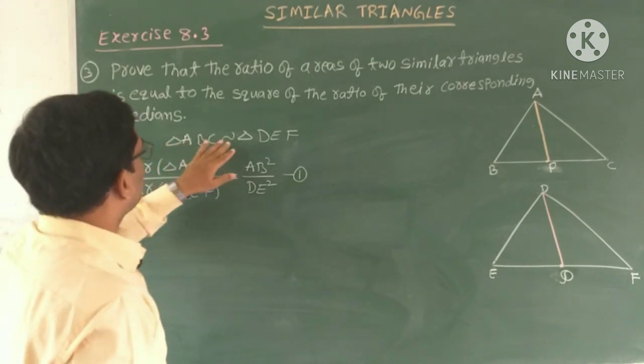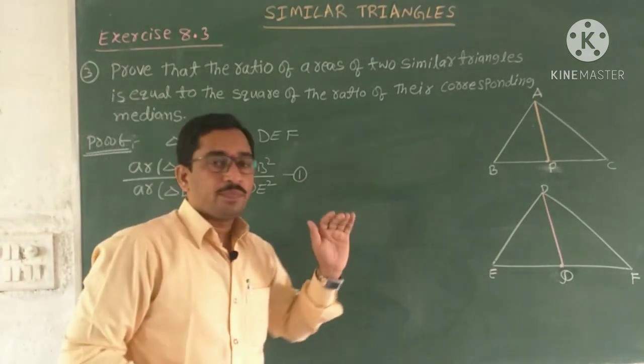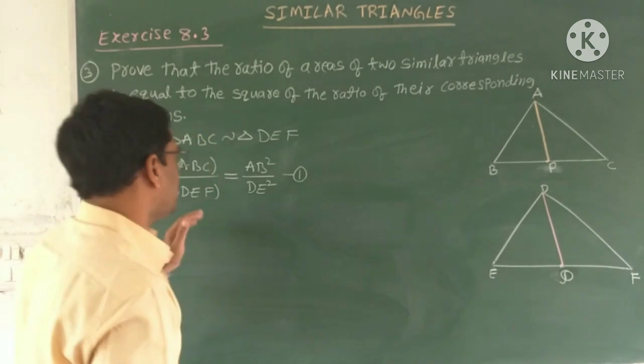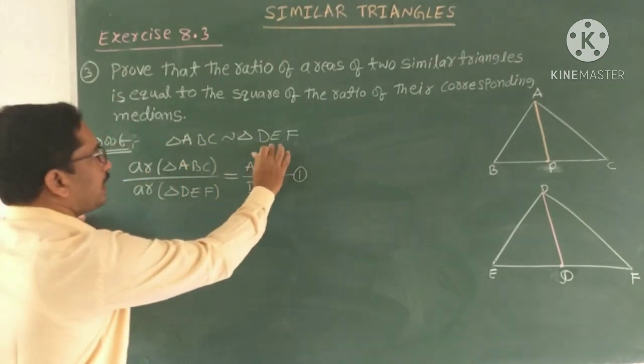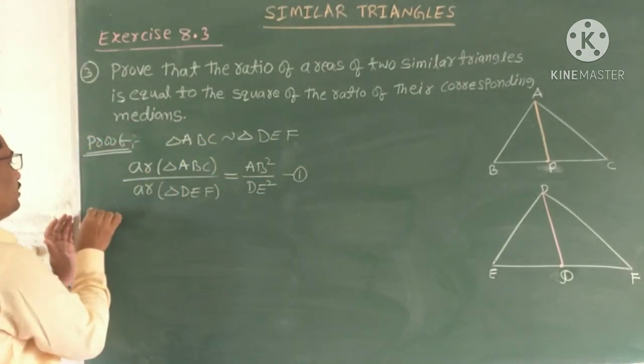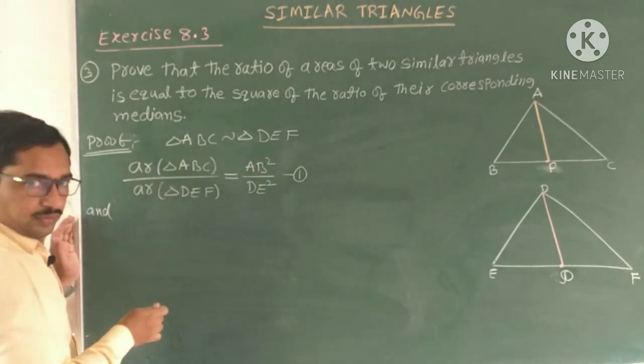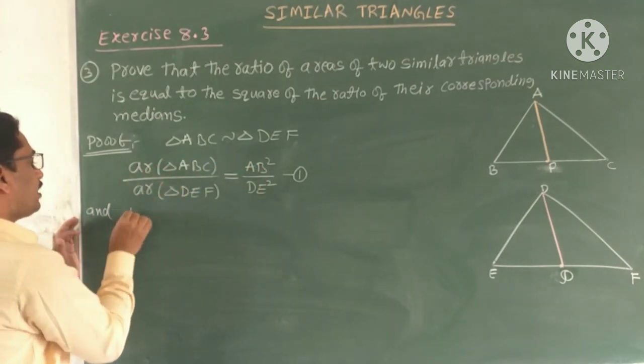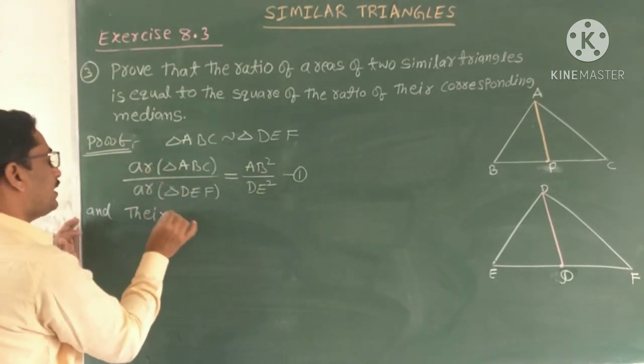If these two triangles are similar, then their sides are proportional. See, triangle ABC is similar to triangle DEF, so the ratios are equal and their sides are proportional.